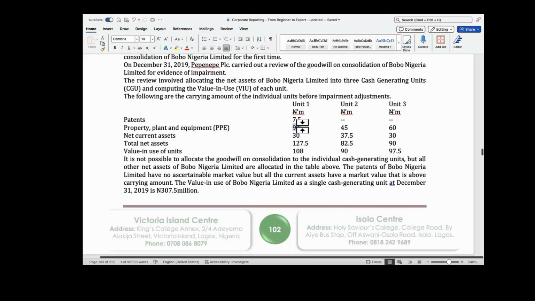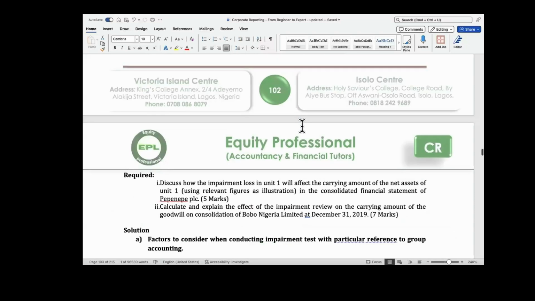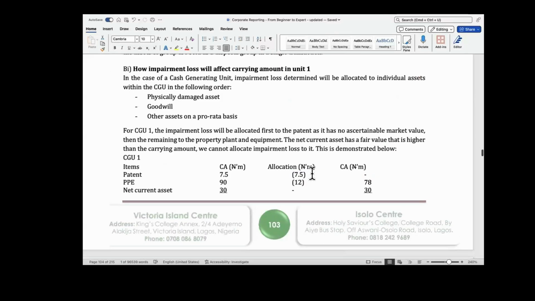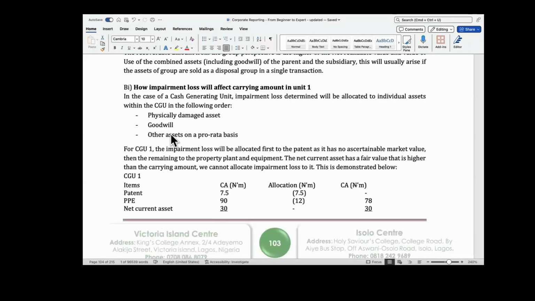We discussed it here first because the question says we should discuss, so we need to explain how it will affect. That was how I explained the order of allocating impairment loss to a CGU: physically damaged assets, goodwill, and other assets on a pro rata basis.